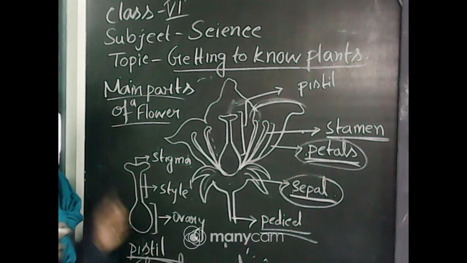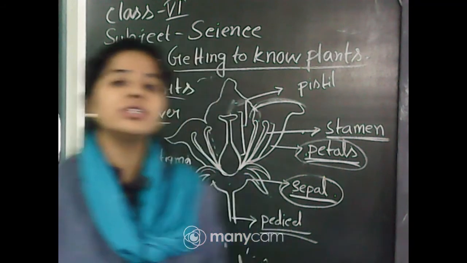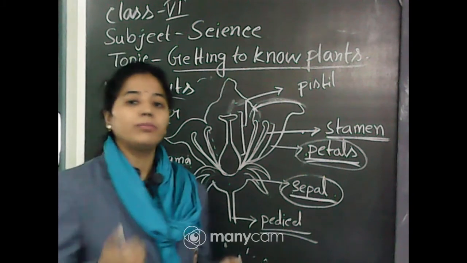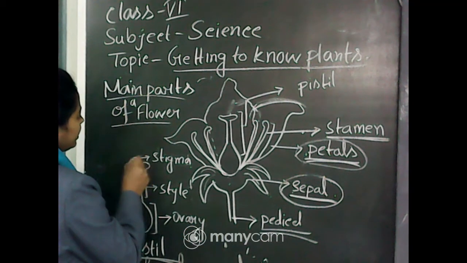Now, how does this reproduction take place? From the stamen, the anther in the form of pollen grains just drops here with the help of some insect.